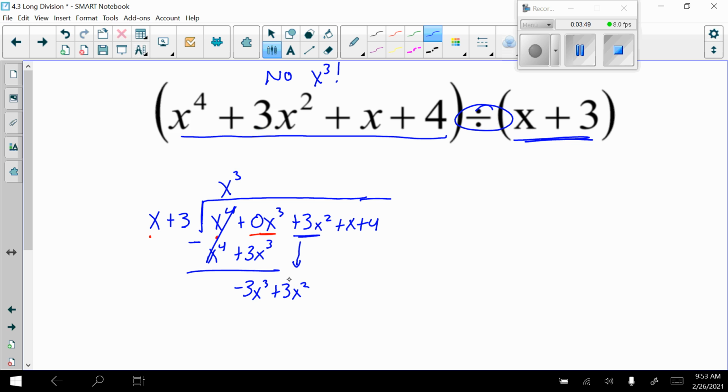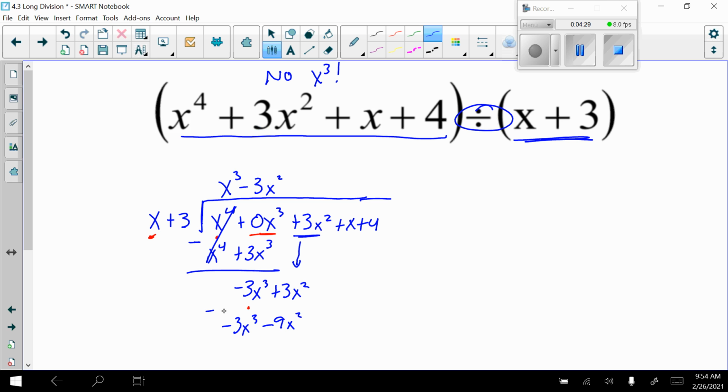Now I'm just going to repeat that process, except now I'm going to ask myself, what do I need to multiply x by in order to get negative 3x cubed? I need to multiply by negative 3x squared. So I'm going to multiply both of these pieces by negative 3x squared, just like I did before. So negative 3x squared times x is negative 3x cubed, and negative 3x squared times 3 is negative 9x squared.